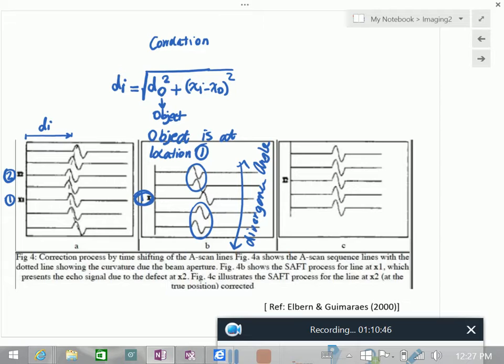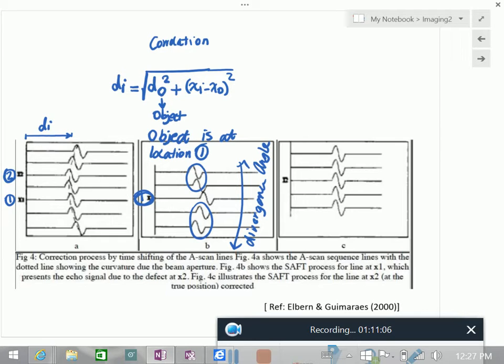If all the rays are aligned, the correlation would be maximum. If the location that we assumed is wrong, and they look like that, the correlation would be some small number. Then we know that this is not the correct location.